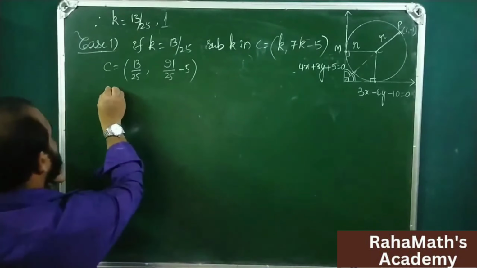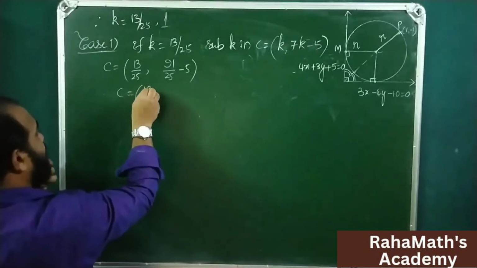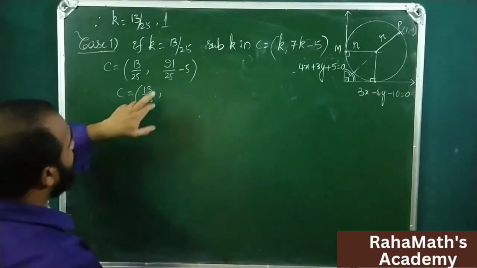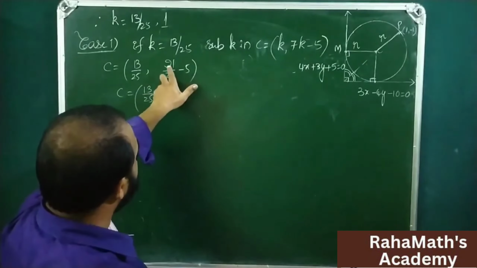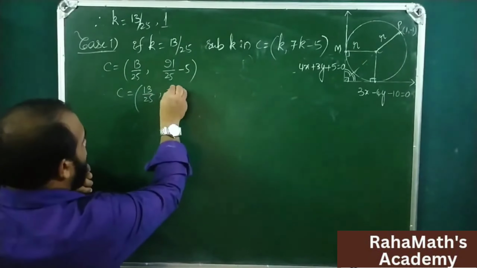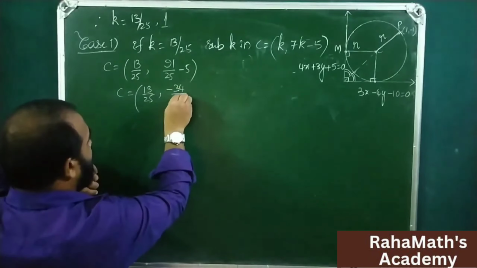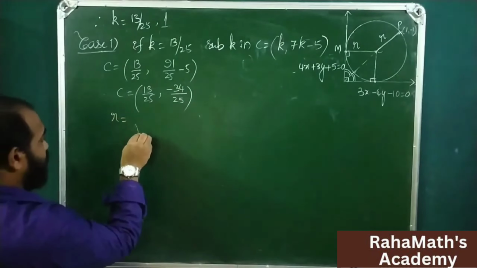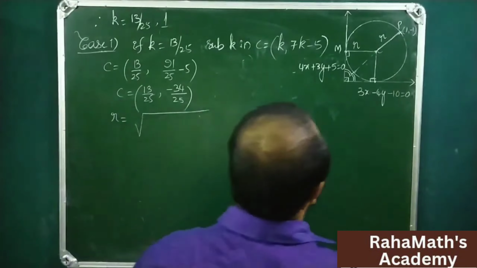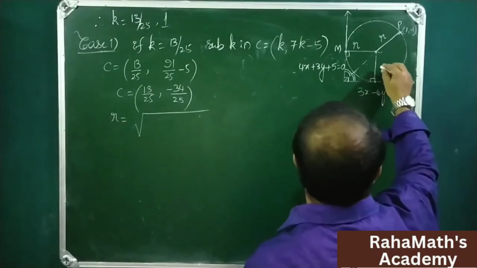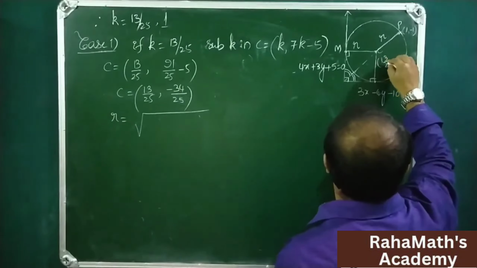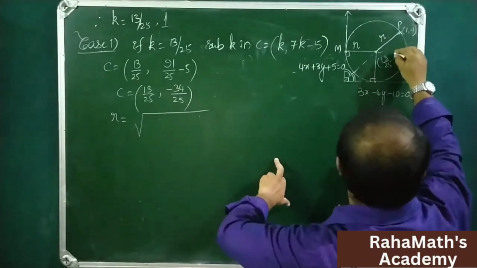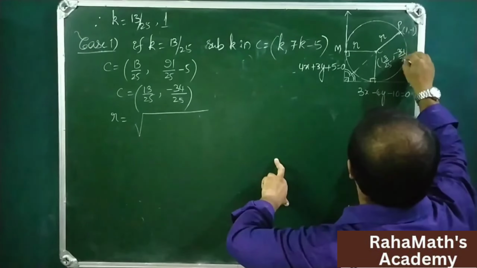So therefore, C is equal to 13 by 25, comma, 25 is 125 minus 91, so minus 34 by 25. So therefore this is 13 by 25, comma, minus 34 by 25.